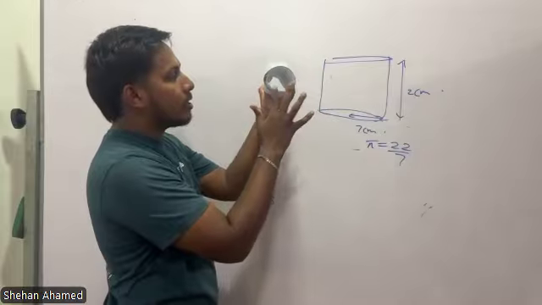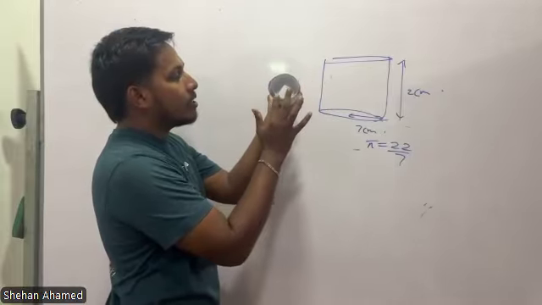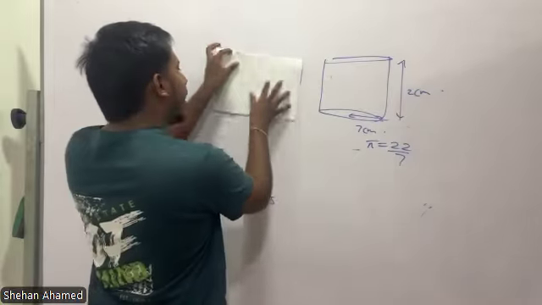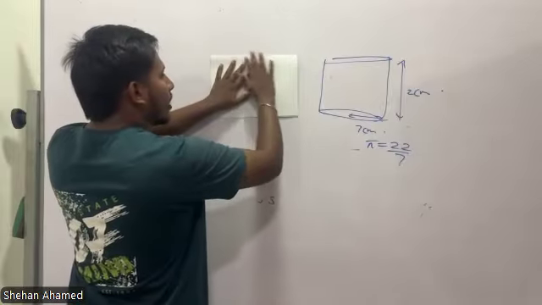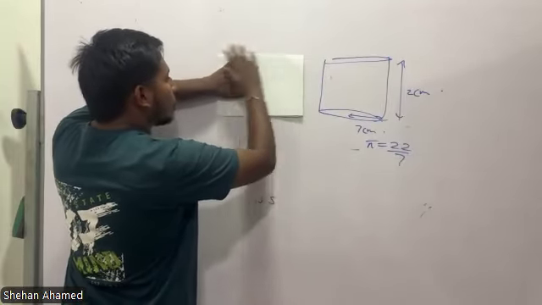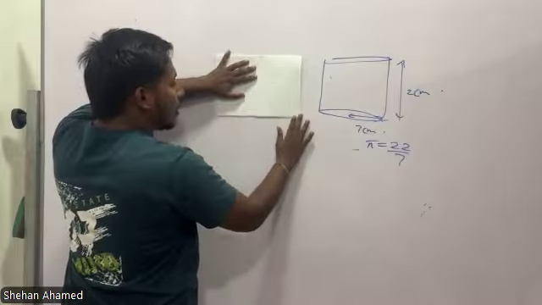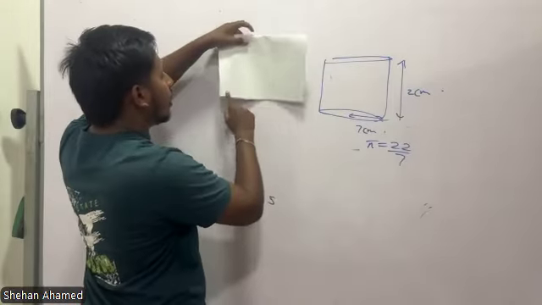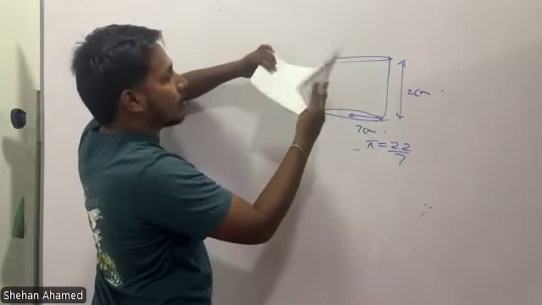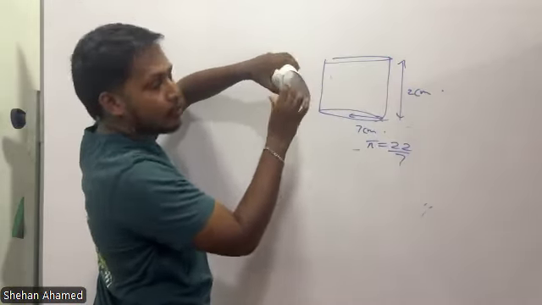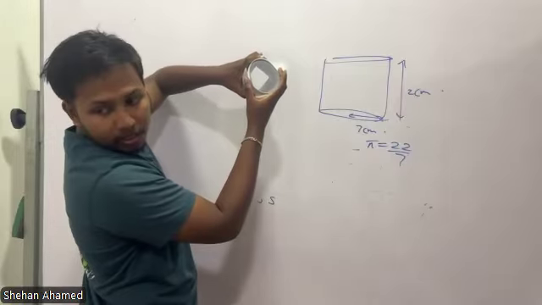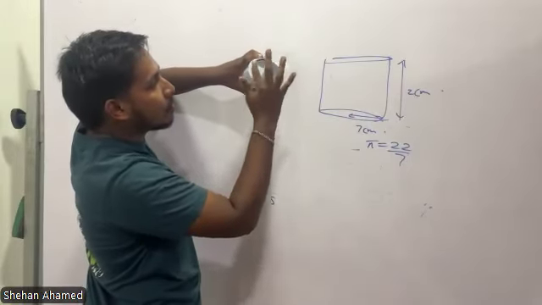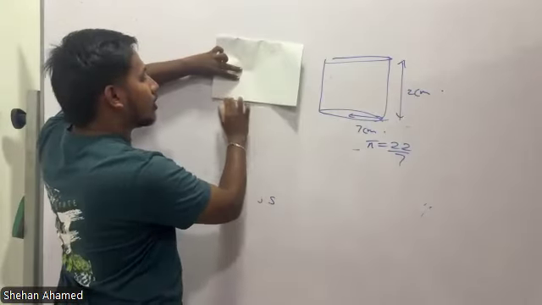If you find the area of the rectangle, it is equal to the area of the curved surface. The length of the rectangle is the circumference of the circle.